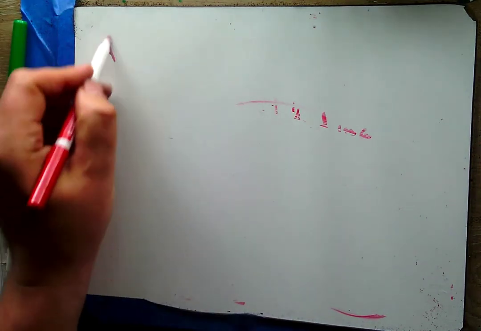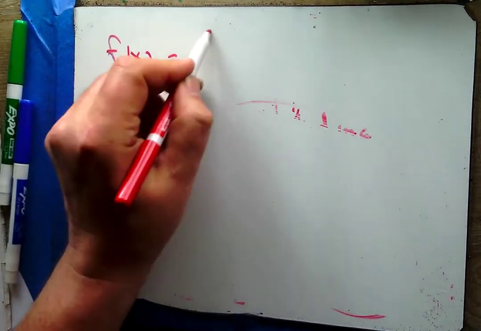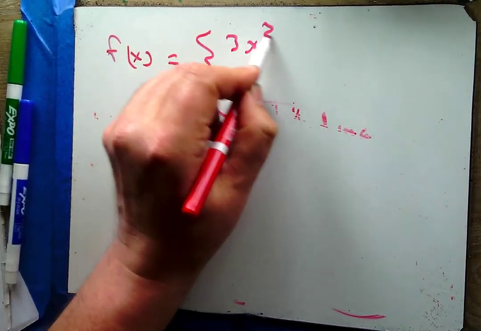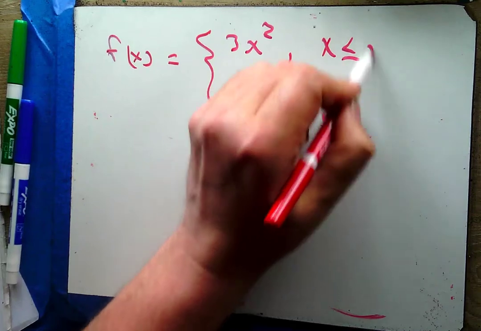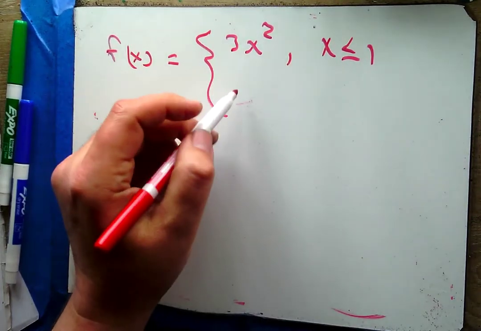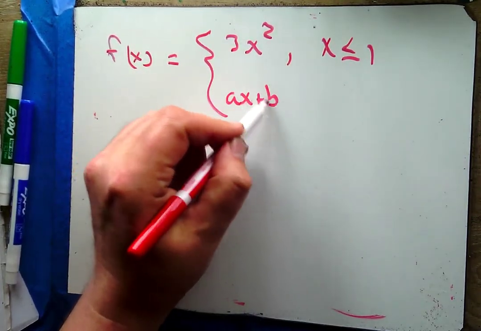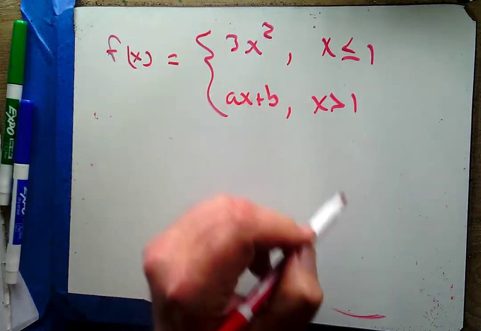How about this? f of x equals 3x squared for x values less than or equal to 1, and ax plus b for x values bigger than 1.